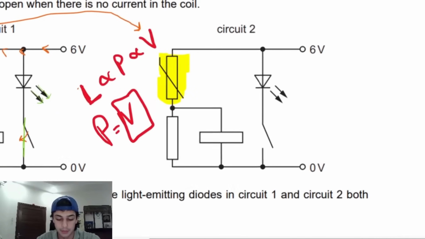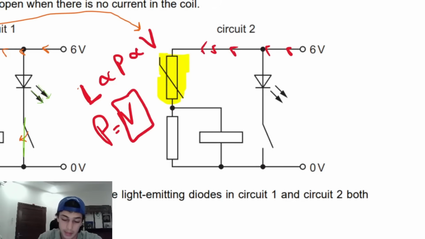Similarly, over here, different application, all the current flowing through over here is going to be carrying a voltage of 6 volts. Now this 6 volts needs to be divided. So we want to make sure that this part gets the most voltage so that the relay works properly.